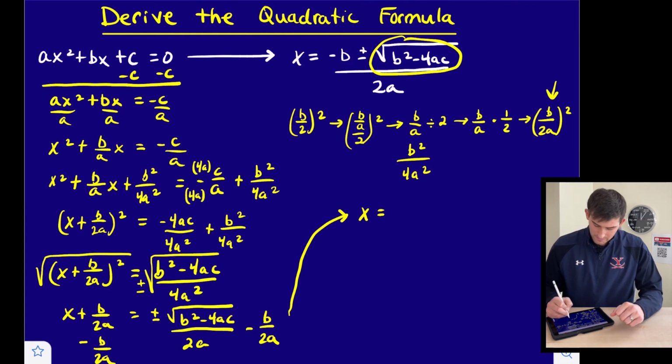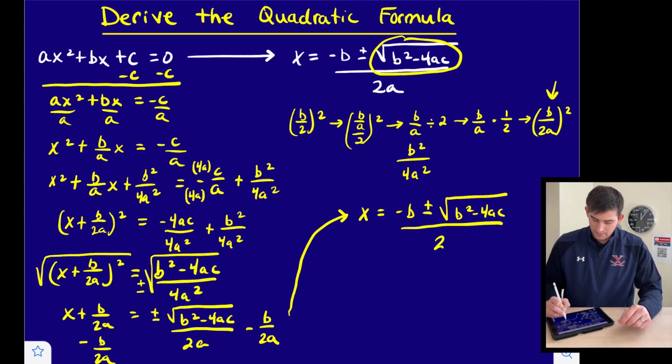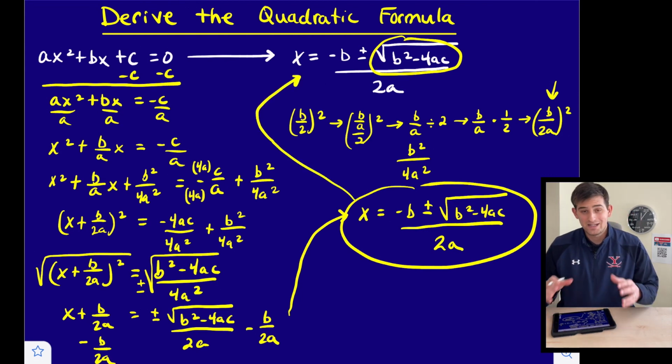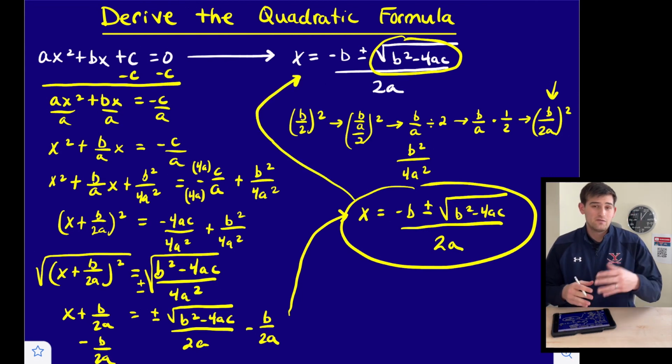So I'm going to say x is equal to opposite of b, or negative b, plus or minus the square root, b squared minus 4ac, and now I can write this all divided by 2a. And there we have our quadratic formula. And that's how you derive the quadratic formula from a standard form quadratic using completing the square.